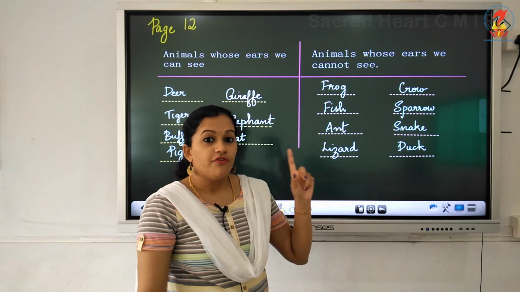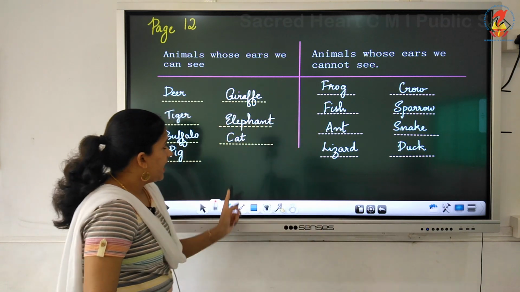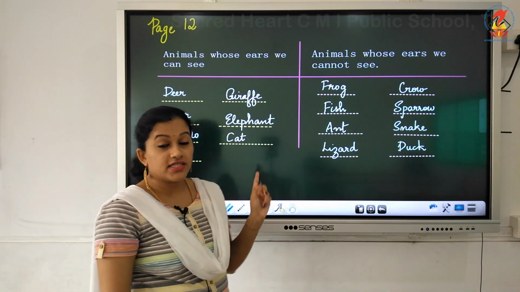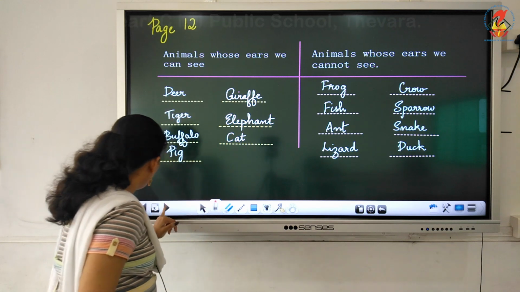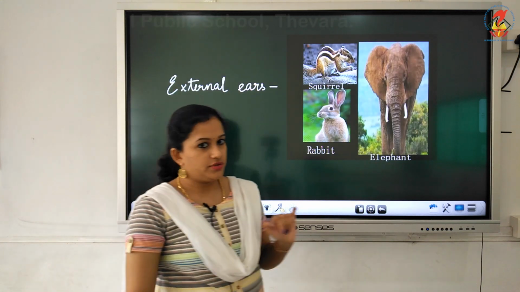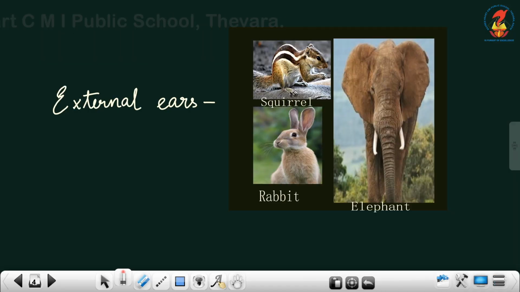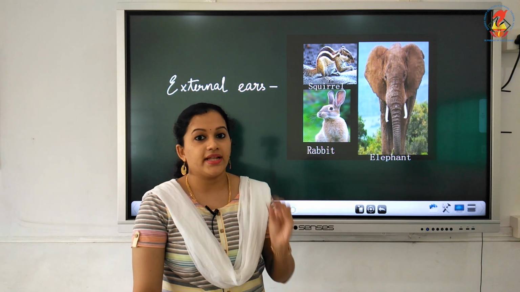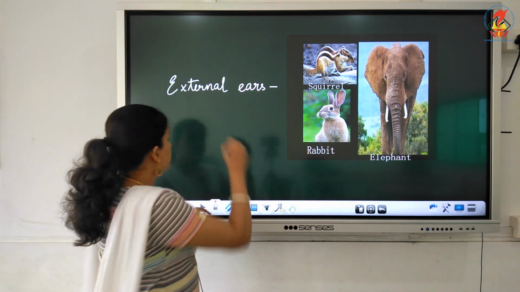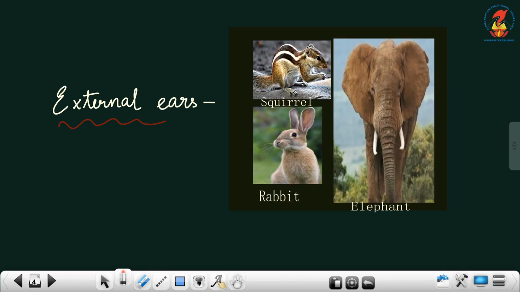Now, first let us see about the animals whose ears we can see. If you look over here children, I have given the pictures of animals whose ears we can see. Such ears, the ears that can be seen outside the head of animals, are called external ears.